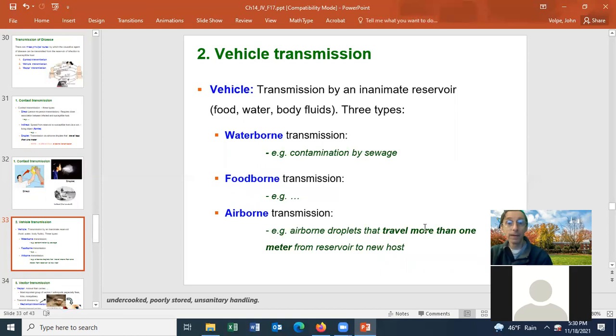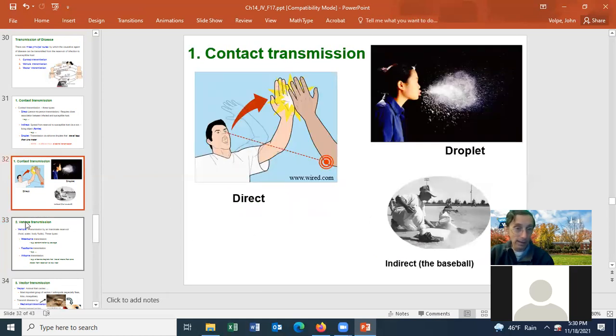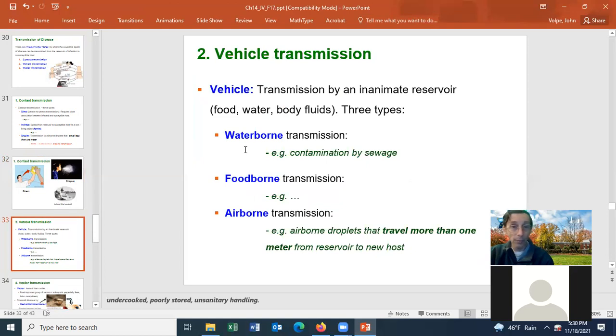All right. Vehicle transmission is when an inanimate reservoir spreads the disease-causing organism from the source to a susceptible host. And the inanimate reservoir can be food, water, body fluids. Waterborne transmission is when water spreads the disease-causing organism, such as contamination of water by sewage.